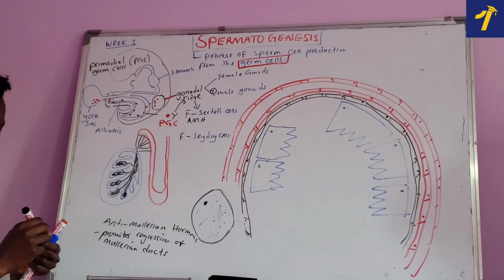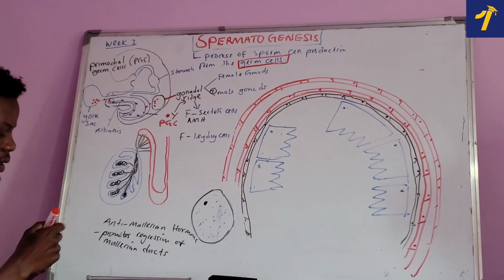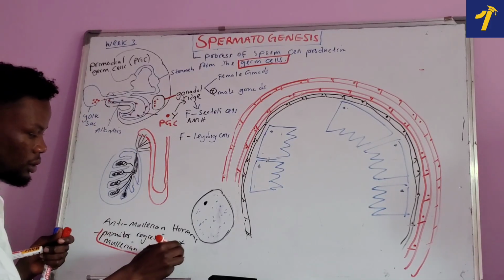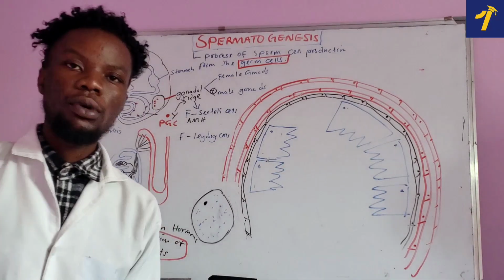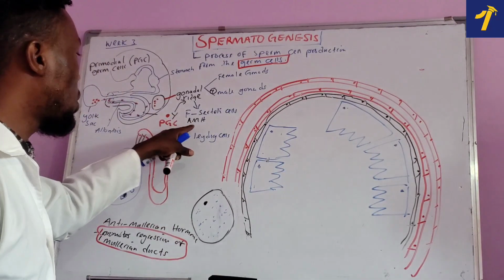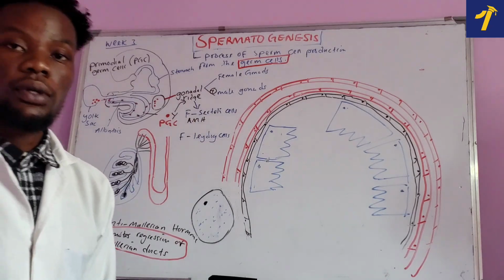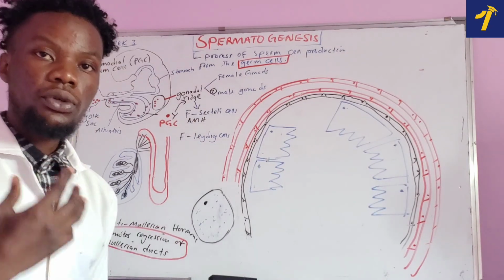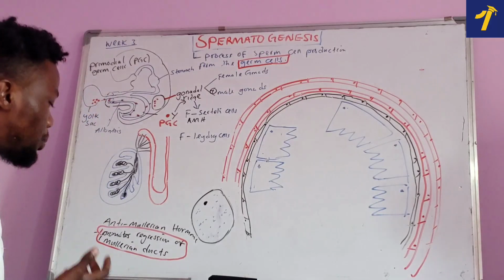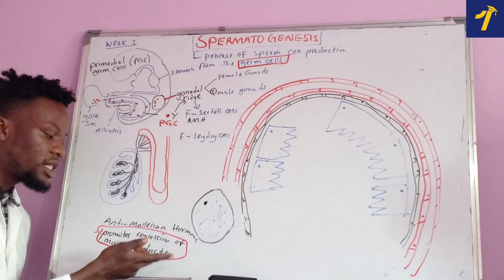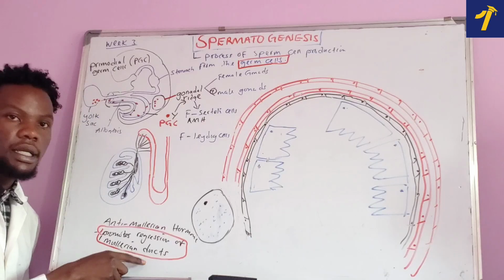So make sure that you take note of that. What is the function of that hormone that is going to be produced by the fetal Sertoli cells? They are going to produce what we call anti-Mullerian hormone, which is going to promote the regression, or the disappearing, of the Mullerian duct.